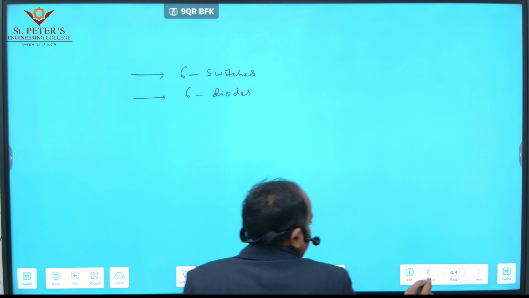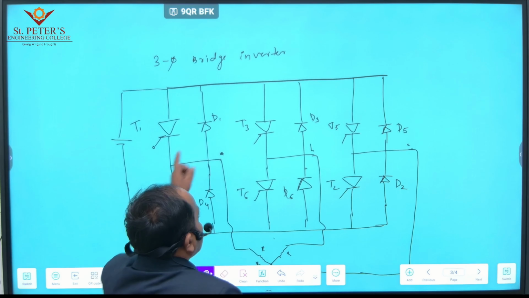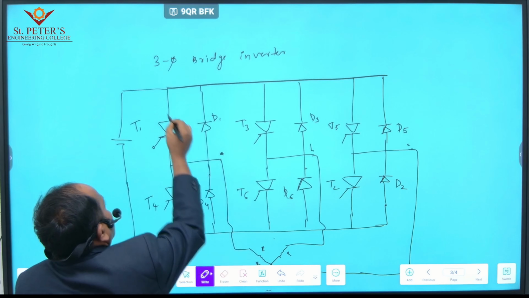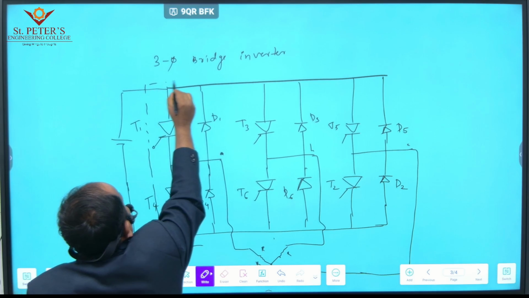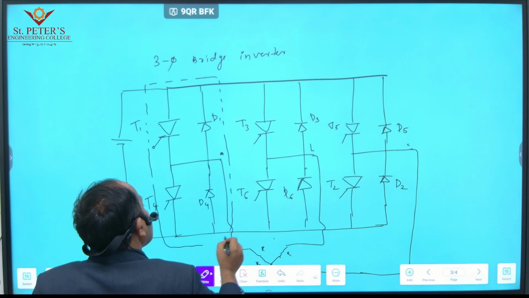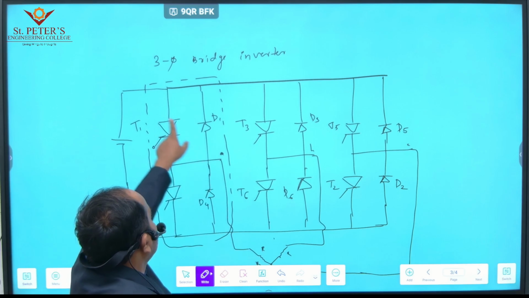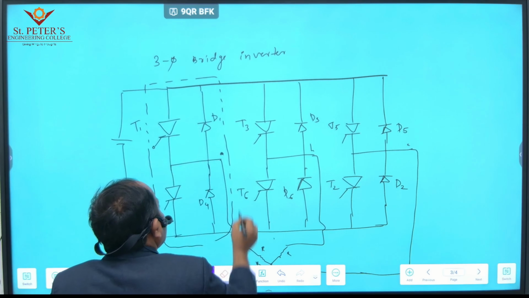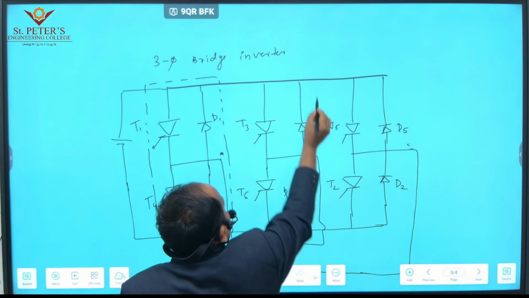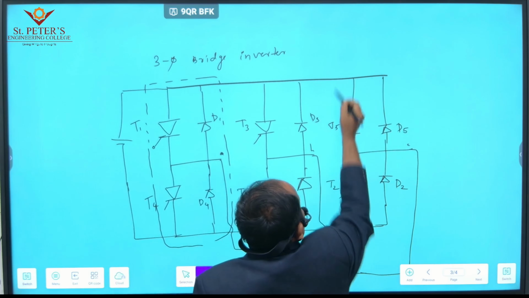From this diagram, see this leg, this portion of the diagram. This is nothing but a single phase half bridge inverter. So this portion is one single phase half bridge inverter. This is another one, and this one is another one.